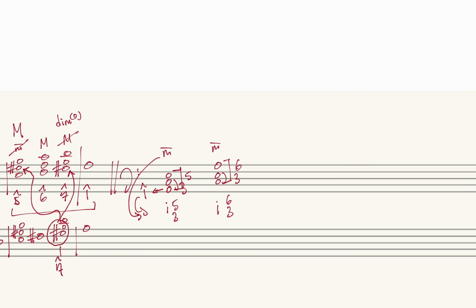Let's invert it one more time for second inversion, meaning the fifth of the triad, E, is in the bass. So E, then up to A, and then C. And so has the root changed? Same root, it's still A. So we're going to keep that lowercase i, because it's still an A minor triad, no matter what kind of rotation or inversion you apply. But what has changed are the figures.